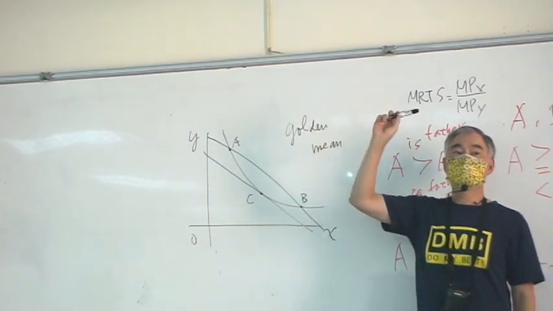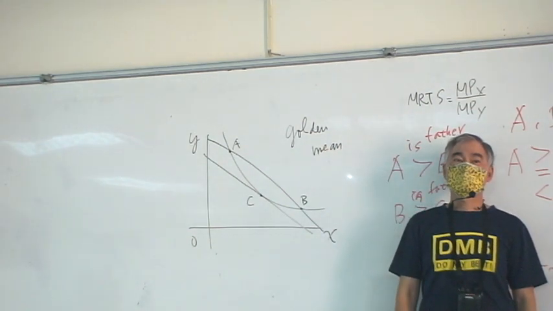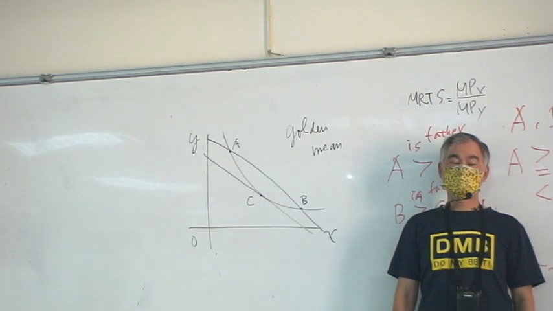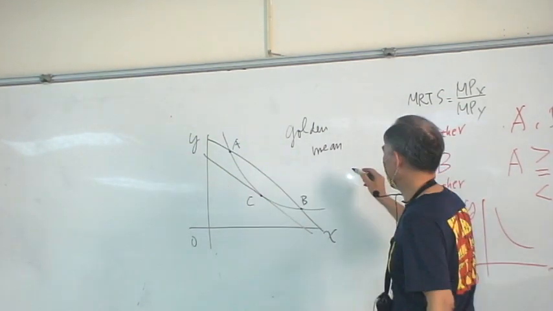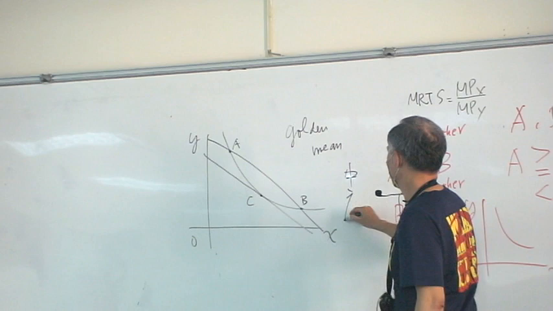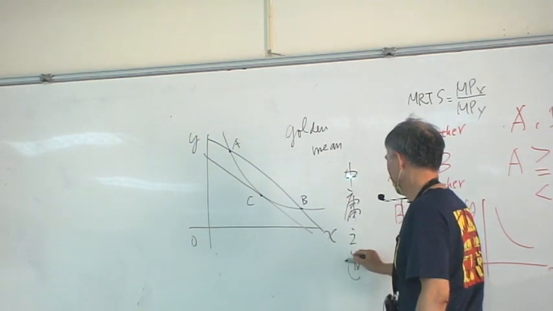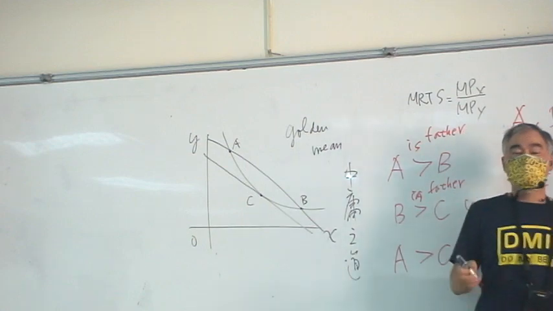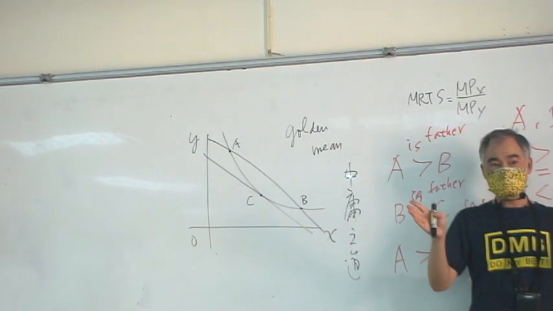Golden, what's golden? Yes, mean, what's mean? A little bit, but anyway, let me put that down. As I say, people prefer to follow the golden mean rather than extremes.